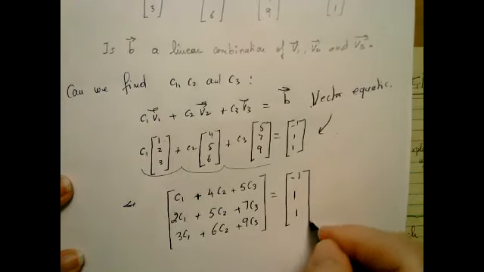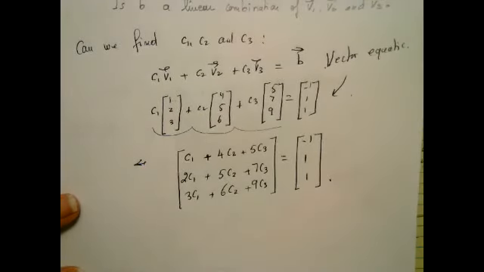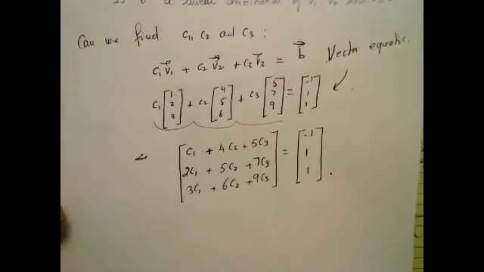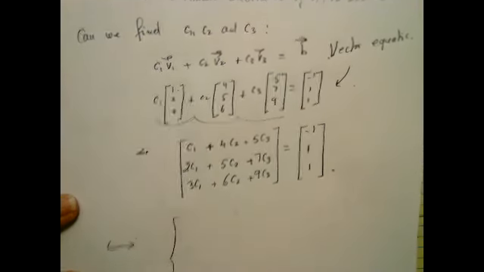And this should be equal to that. So now my question is, can I find those weights, C1, C2, and so on? All right, so let's see if we can do that. So this is really equivalent to solving the following system.